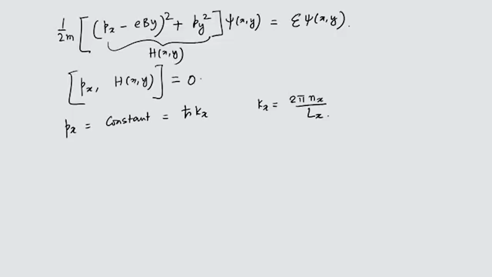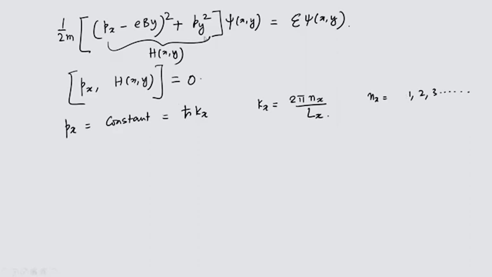So this kx is equal to 2 pi nx by Lx, and nx are 0, 1, 2, 3 and so on. Okay. Sorry, the 0 can be neglected because 0 means that the particle is not there. So it's actually 1, 2, 3 and so on. Any integer.